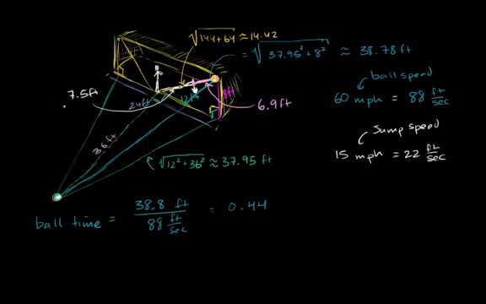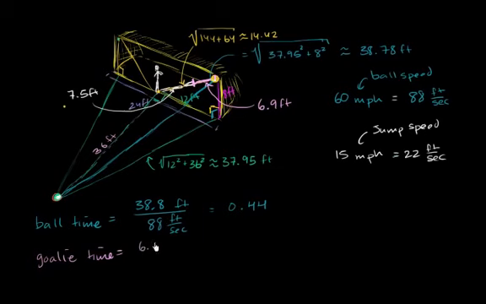Now let's think about how long it would take for this person to travel the 6.9 feet. So the goalie time is equal to the 6.9 feet. We're assuming he's kind of already in this position, kind of already starting to stretch out, or he stretches out while he's in the air when he launches himself.